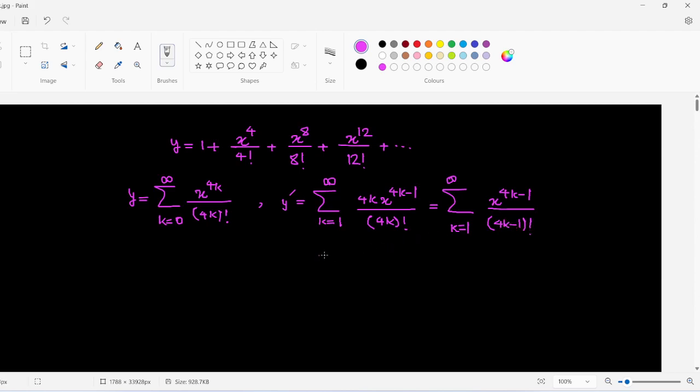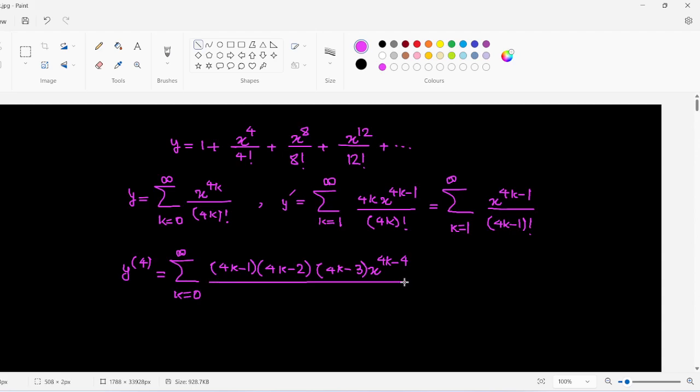And if we differentiate this 3 more times using consecutive application of power rule, we get the fourth derivative as the infinite series where k runs from 0 to infinity of 4k minus 1 times 4k minus 2 times 4k minus 3 times x raised to the 4k minus 4 divided by 4k minus 1 factorial.